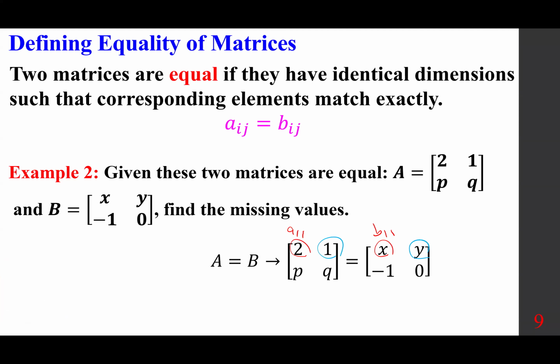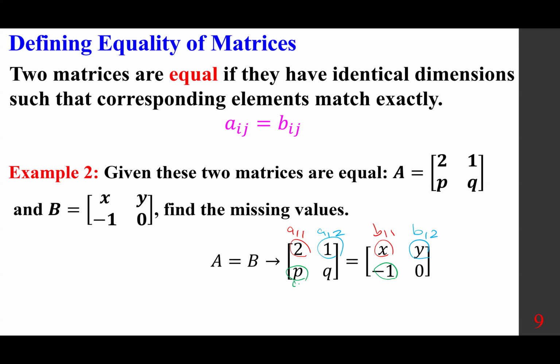This one must be the same as this one. Location for this one is A12, for this one is B12. You write the row first. So Y must be 1. This one must be identical to this one.